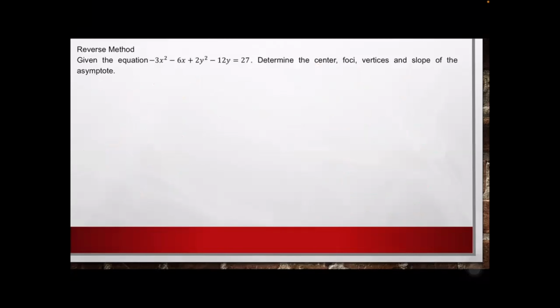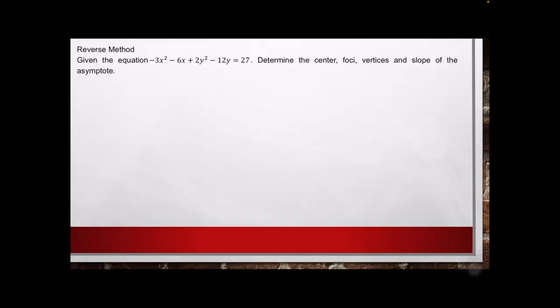So the next example is the equation negative 3x squared minus 6x plus 2y squared minus 12y is equal to 27. So in this case, gagamit ngayon tayo ng factoring muna. Pagsamahin natin yung magkakatulad. Then after that, gagamit ulit tayo ng completing the square.